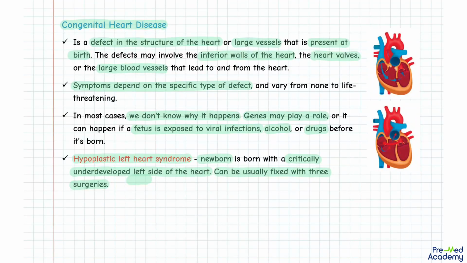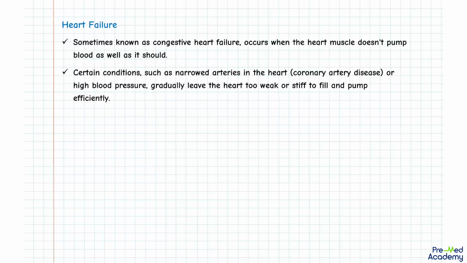Absolutely amazing. Heart failure, also known as congestive heart failure, occurs when the heart muscle doesn't pump blood as well as it should. Several conditions are known that render the heart muscle incapable of doing its task properly.